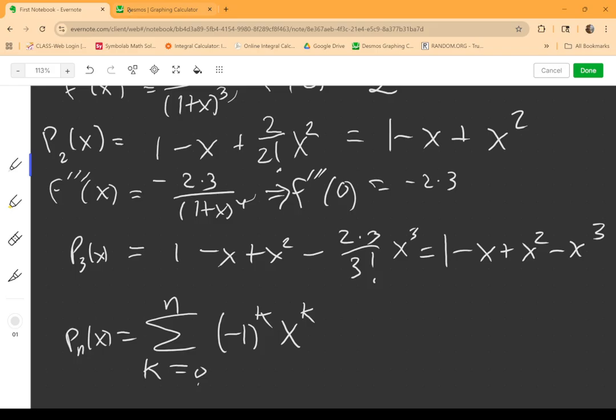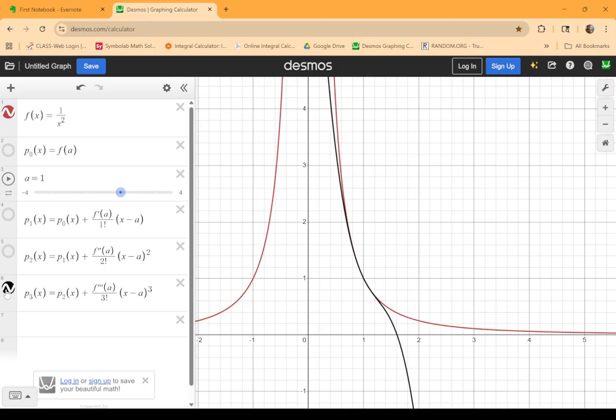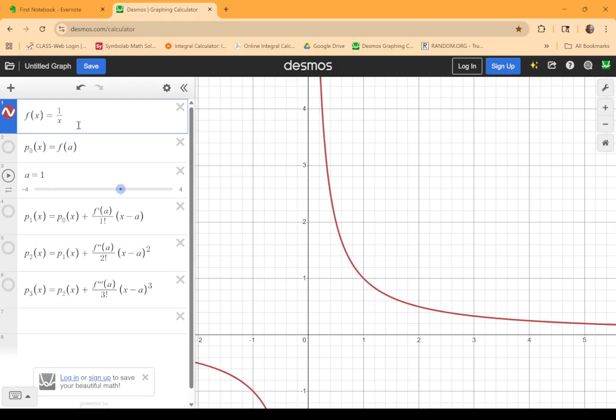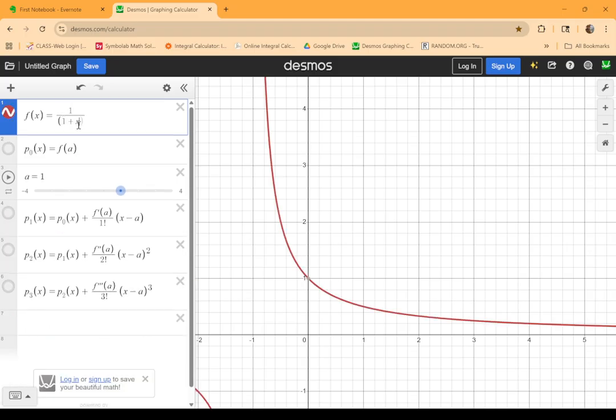So let's take a look at the function itself. Let's turn all these off and reset a new function. So my f is going to be 1 over 1 plus x, centered at 0, so I change that.